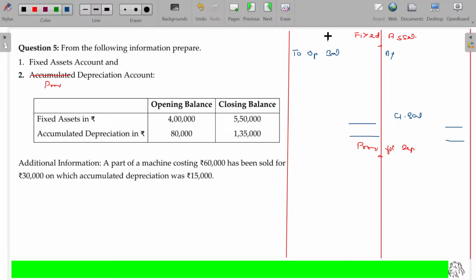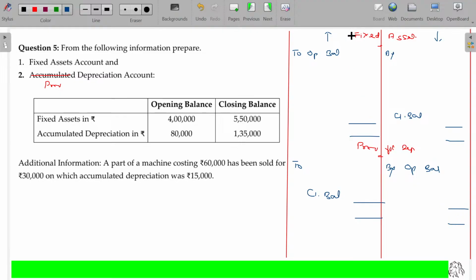If any transaction increases the fixed asset, it should be posted in the debit side. A transaction that decreases the fixed asset should be in the credit side. In case of provision for depreciation, opening balance should be in the credit side, closing balance should be in the debit side.